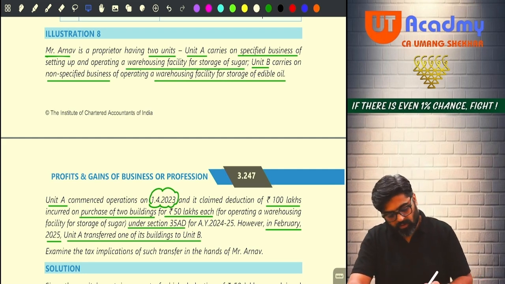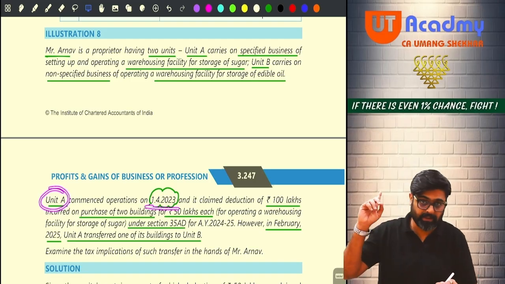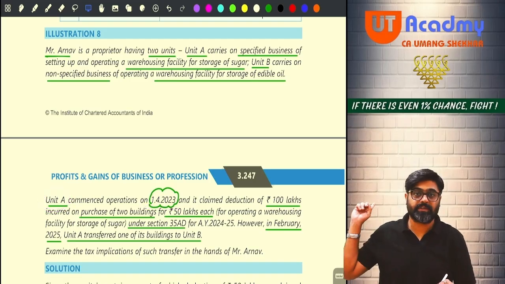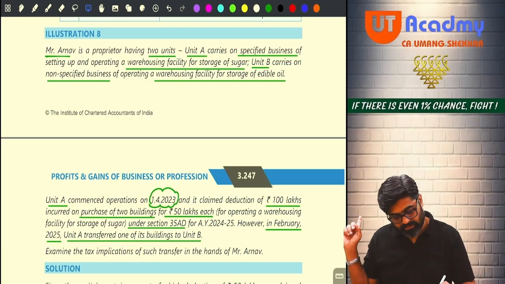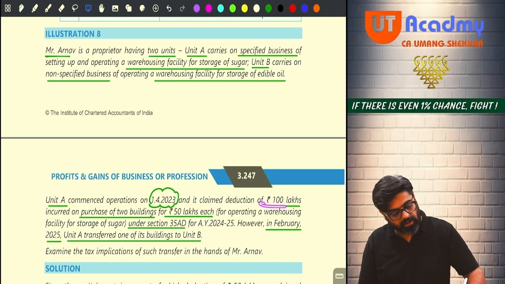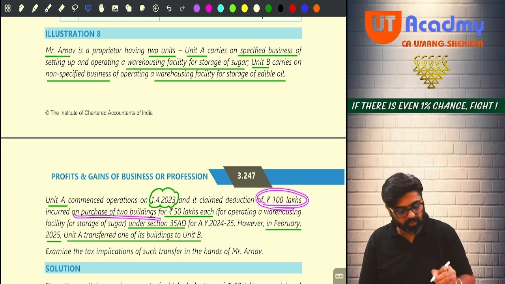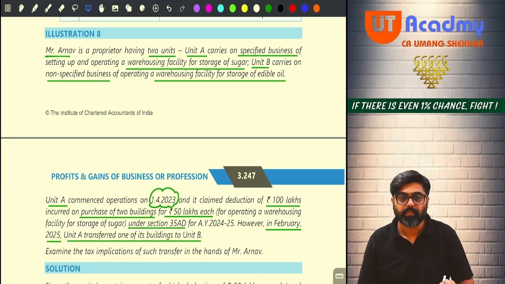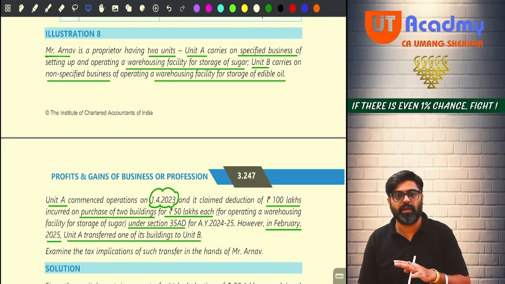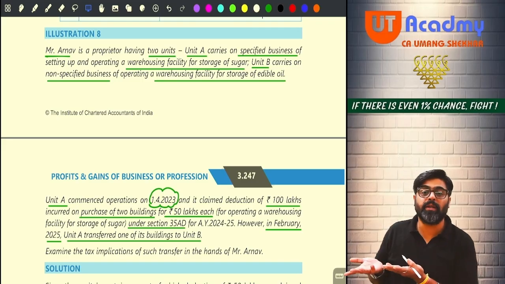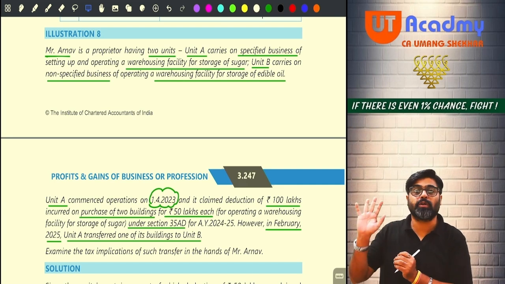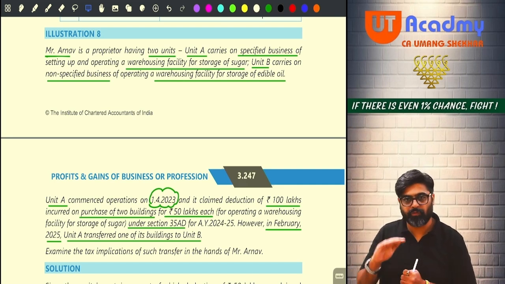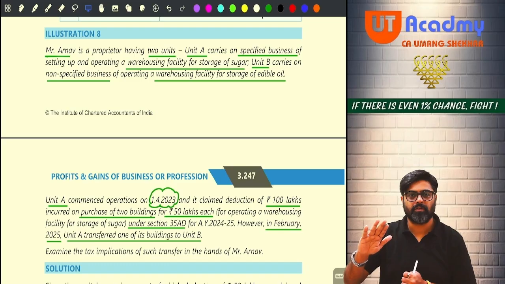Now they are saying that Unit A commenced operation last year, 1st April 2023, and it claimed deduction of 100 lakhs incurred on purchase of two buildings for 50 lakhs each for operating a warehousing facility for storage of sugar under section 35AD. Meaning that last year only it acquired two buildings in unit A, each costing 50 lakhs. So 50 plus 50, 100 lakhs.